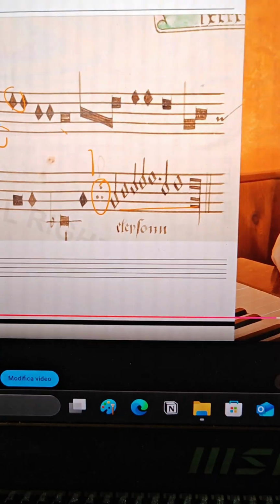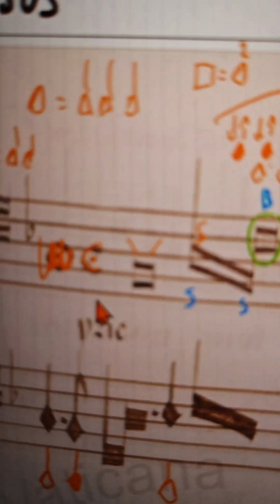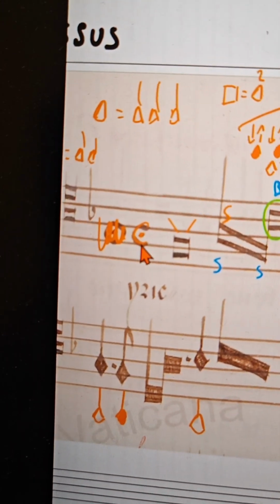Why? Because there is a phenomenon called alteratio, that is when you have a note, but the actual value is double. And this thing depends only on the other notes. For example, now I have to turn the camera. Here we have this situation. First of all, we are reading under the tempus imperfectum and prolatio perfecta.